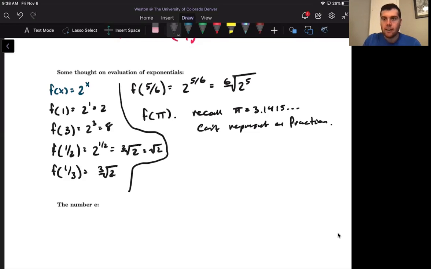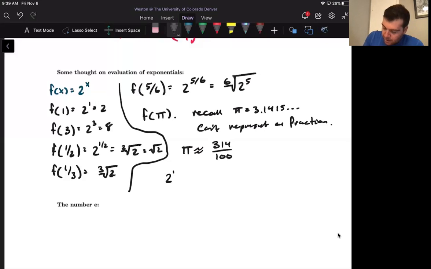So instead, what we can do is take approximations of pi and use fractions that way. So one thing we have is that pi is approximately 314 over 100.